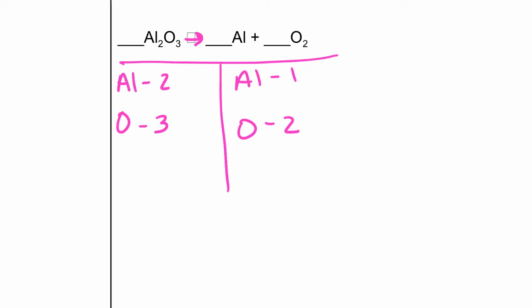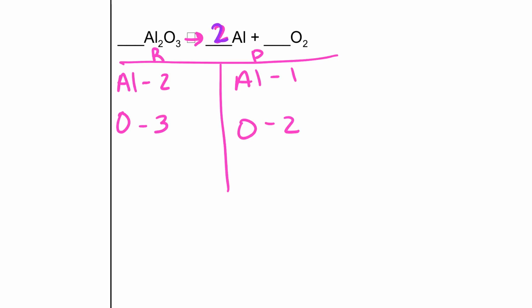In this example, I have 2 aluminums on my reactants, and I have 1 aluminum on the product. I have 3 oxygens on the reactant, and I have 2 oxygens on the product. So I'm going to start by putting a 2 here.